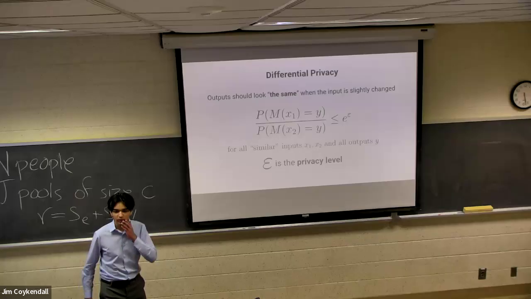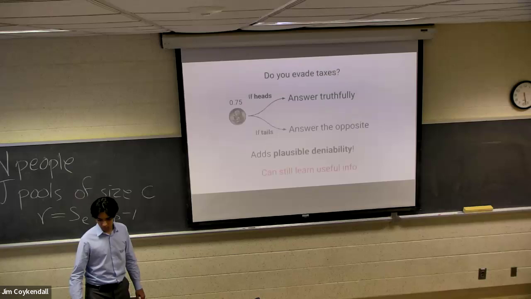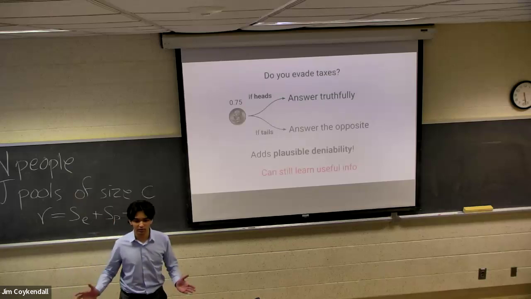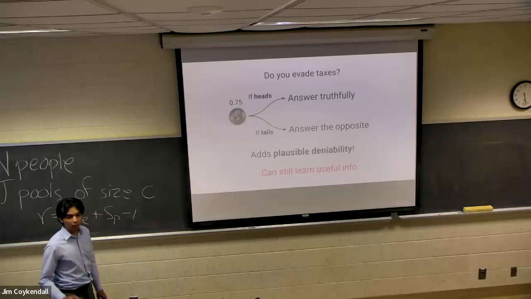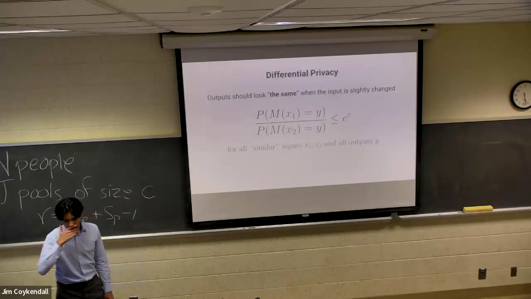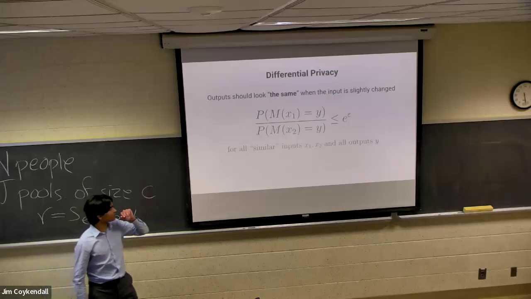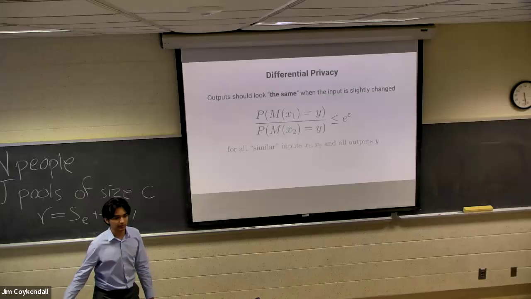In our case, it's pretty obvious what it means to be similar. Whether the person evades taxes or doesn't evade taxes, those two are neighboring, similar. I want the output to not reveal much information about the person. This notation is for illustration, just the idea makes sense.